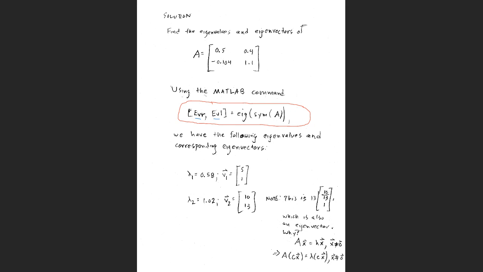It's just like the LU factorization problem, where you have in brackets L comma U comma P equals LU of A. It's the same kind of thing. We want the eigenvectors and we want the eigenvalues, and the command is EIG for eigenvalues of symmetric A. Do not worry about why that is right now.